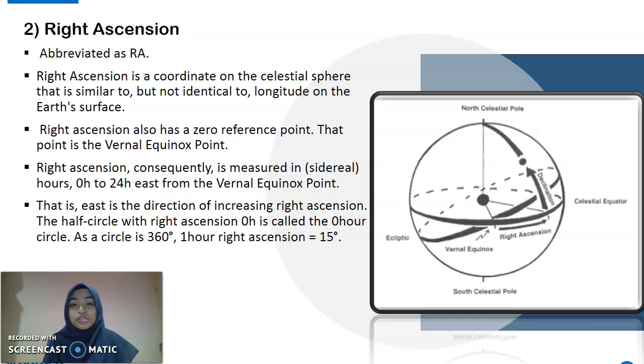Right ascension, consequently, is measured in sidereal hours, 0 hours to 24 hours from the vernal equinox point. That is, it is the direction of increasing right ascension. The half circle with right ascension 0 hour is called the 0 hour circle. As a circle is 360 degrees, 1 hour of right ascension equals 15 degrees.